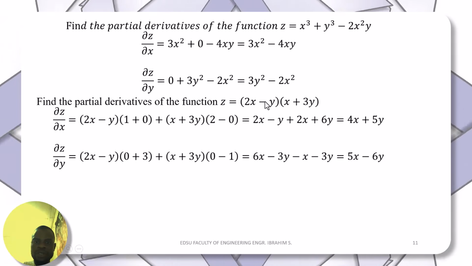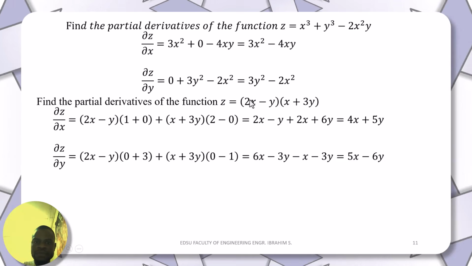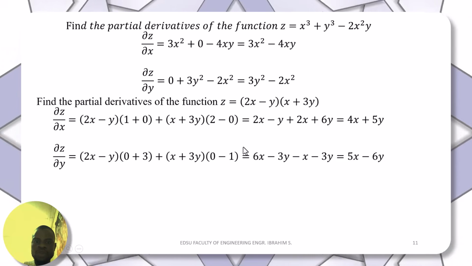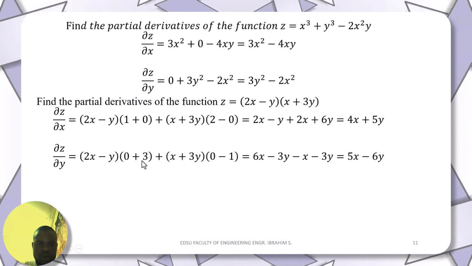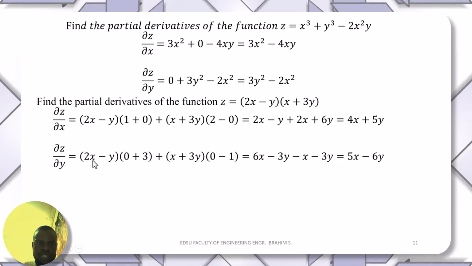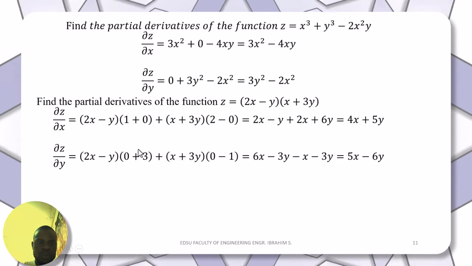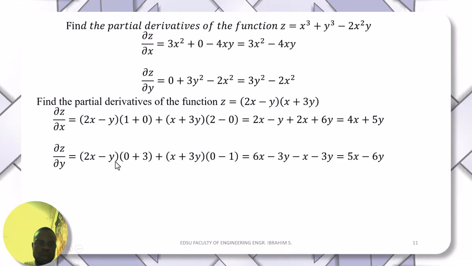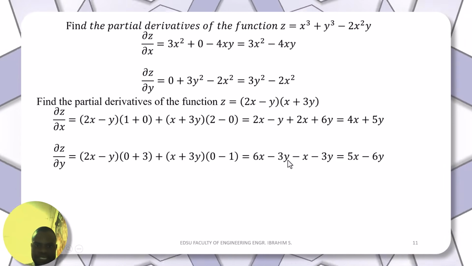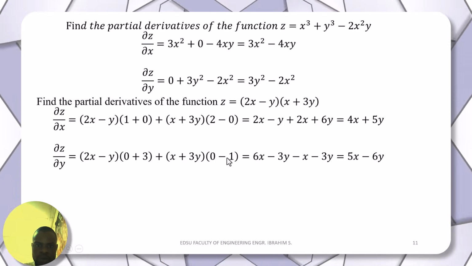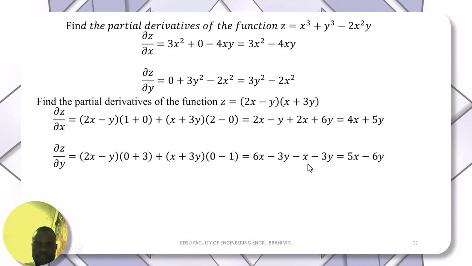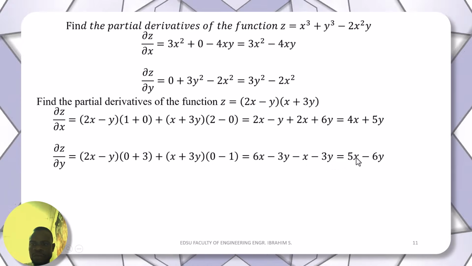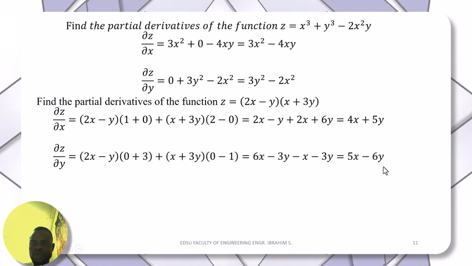Plus, keep this constant, differentiate this with respect to y. This will give me 0, this will give me minus 1. Alright, so open this bracket, I will have 2x times 0 is gone, so I have 3. 2x times 3 will give me 6x, minus y times 3 will give me this, right? Then 0 is gone, minus 1 times x, minus 1 times 3 will give me minus 3y. So I will have 5x minus 6y.